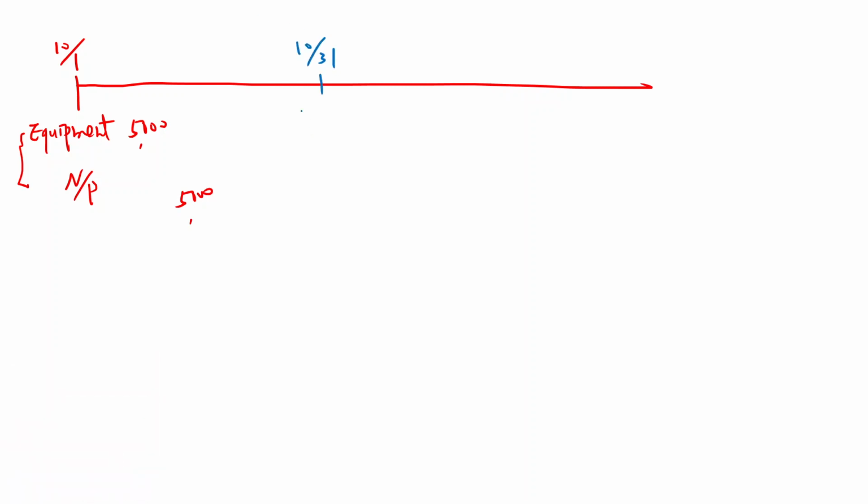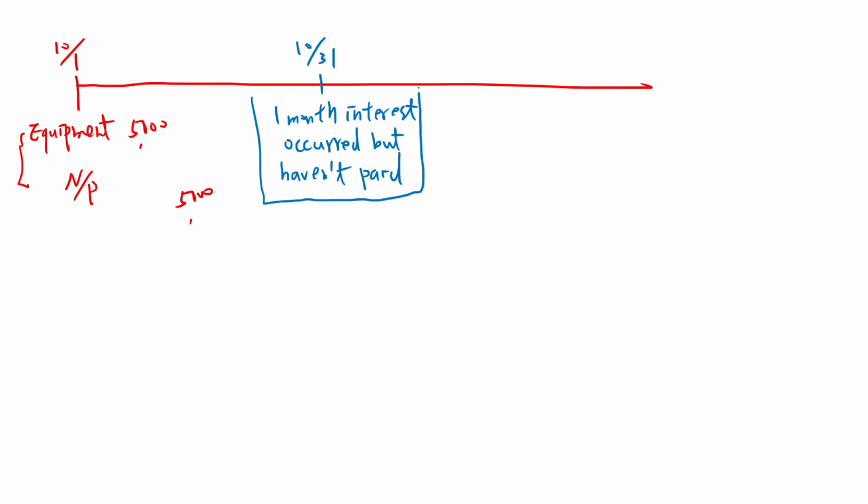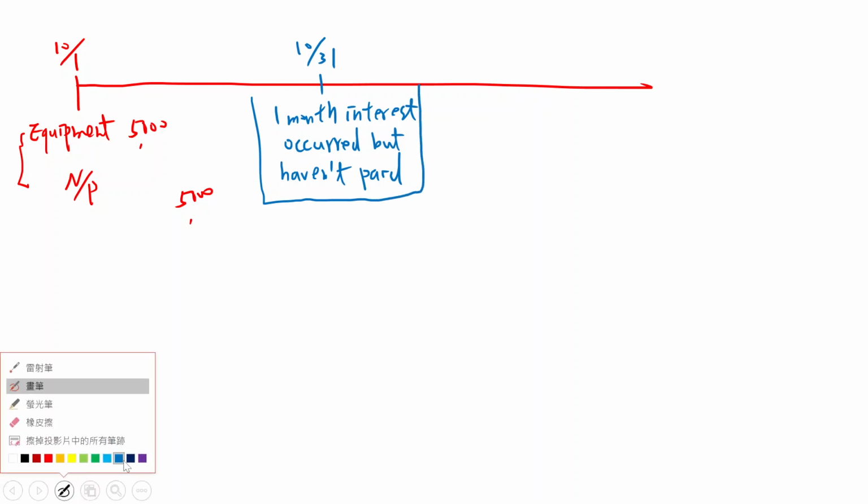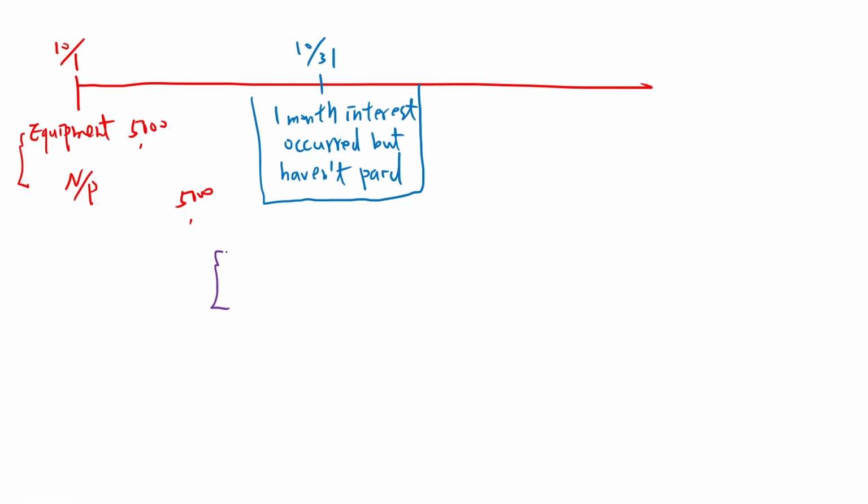October 31st, 1 month interest occurred, but haven't paid. Right? So what should we do? We record this situation. So we have interest expense, 1 month, $50. Interest payable, $50. Right?